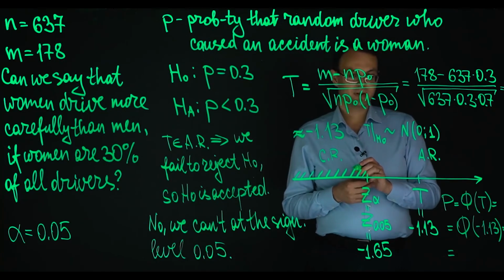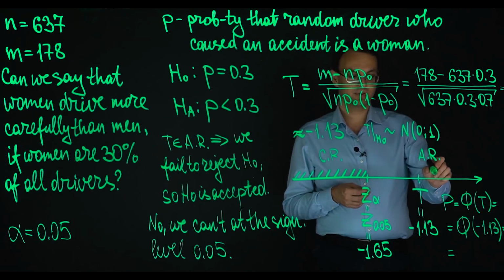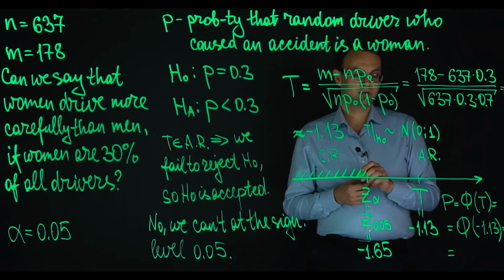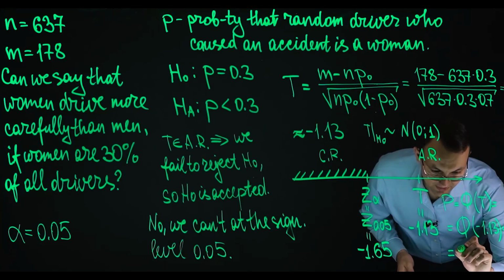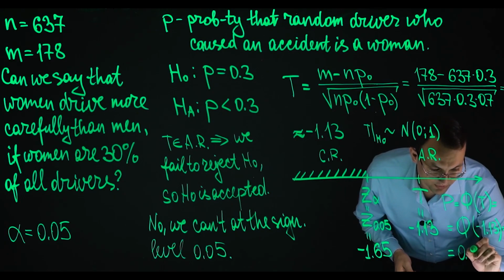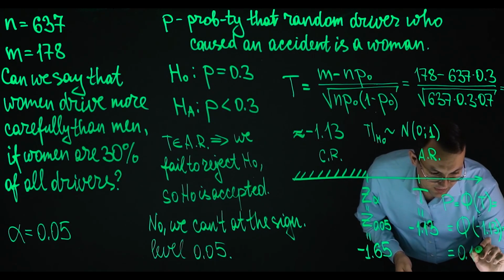And if we look for this value in the table of values of the phi function, we will find that this is approximately 0.18.